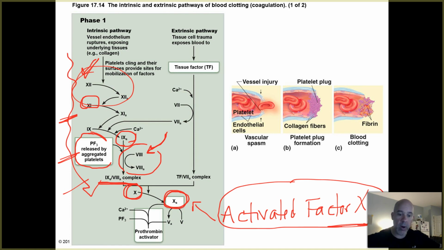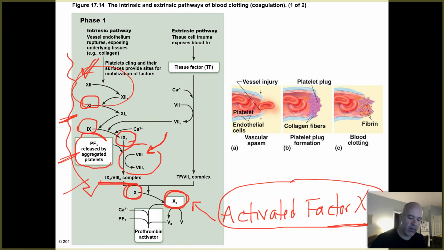So now you have more activated factor 11s than you did factor 12s. So they can find factor 9s and activate a whole bunch of those. So you're increasing your number of these activated clotting factors as you move down the pathway.